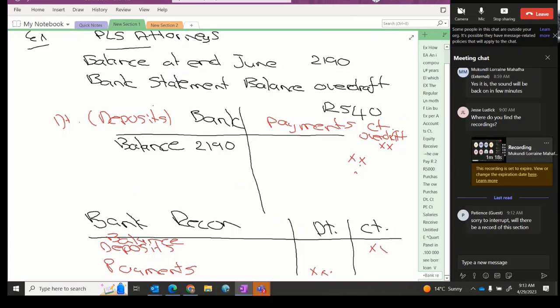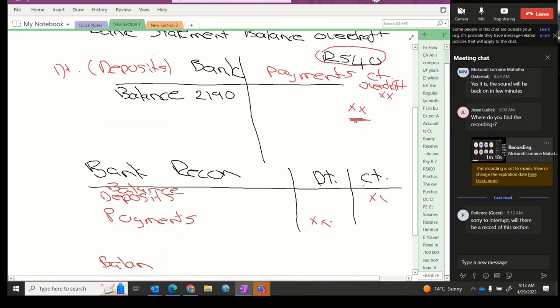Okay, to get back to the overdraft. So this 540 is the bank's overdraft balance. So it means that in your books, the overdraft balance will be on the credit side. But then if you go to the bank recon, you have to write the balance on the debit side.